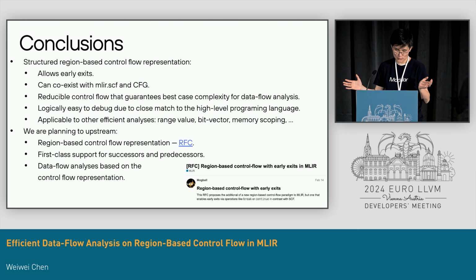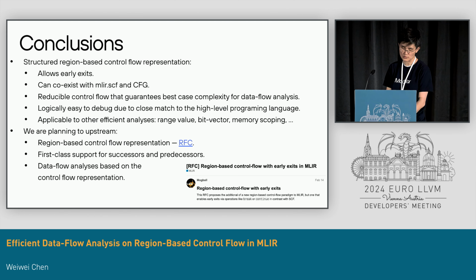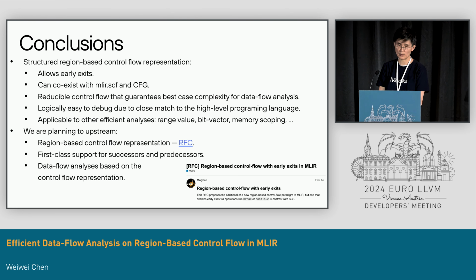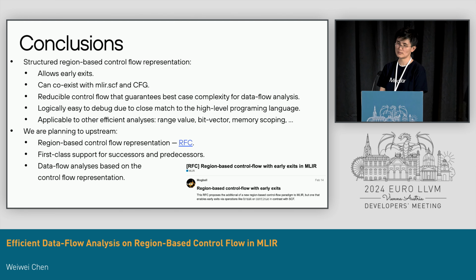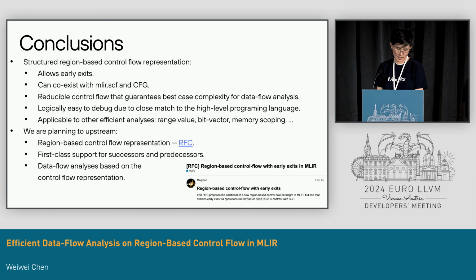We are planning to upstream. The Mojo compiler is not fully open source yet, but we are planning to upstream this representation. There was already a discussion in the MLIR workshop, and the community is very excited and has given very positive feedback on this representation. So we will work with the community to upstream it. There's already an RFC out there.